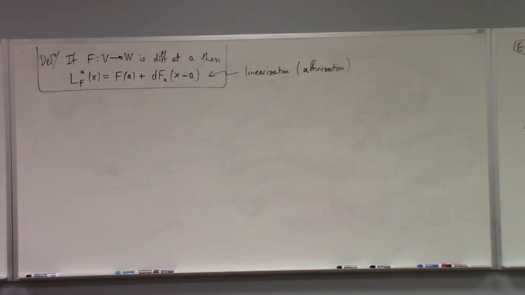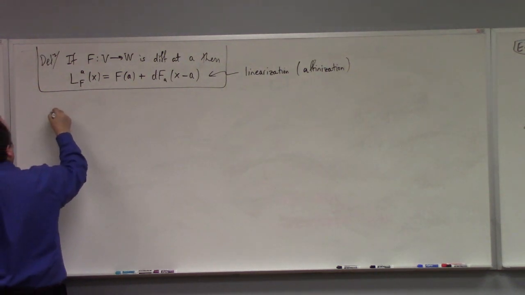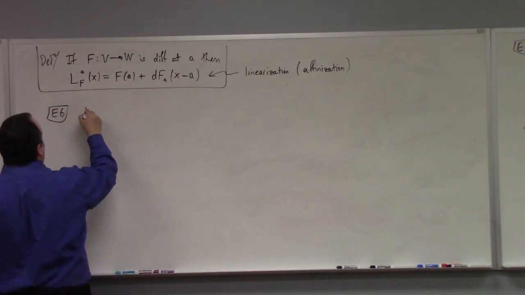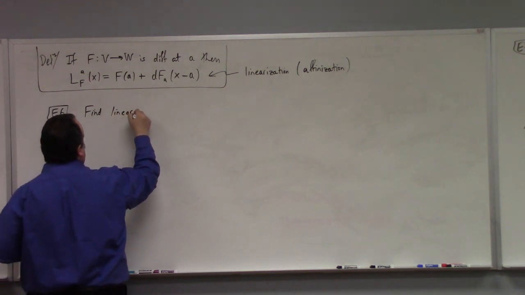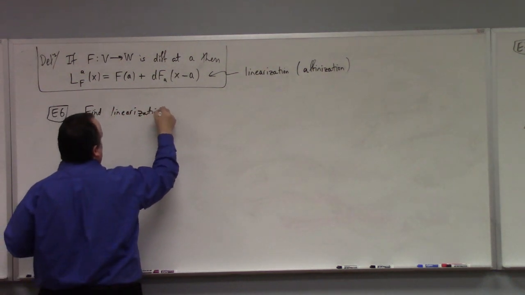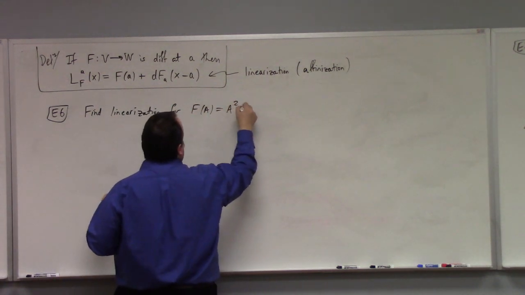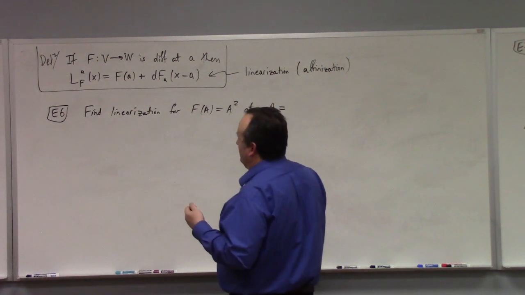Let's capitalize on my example 6 and actually calculate that for the square function. So example 6, find the linearization for f of A equals A squared at A equal to, what's a matrix that I like to calculate?